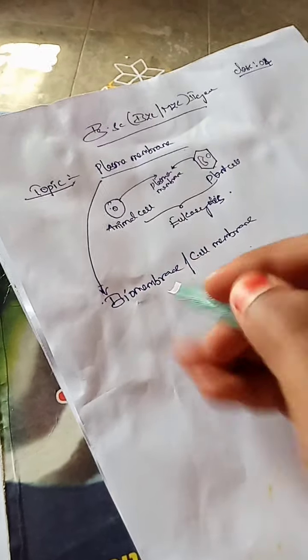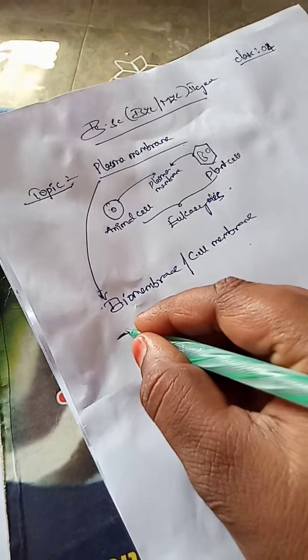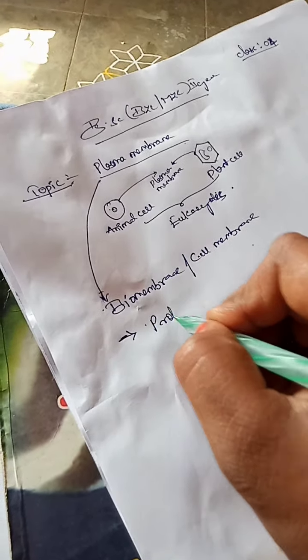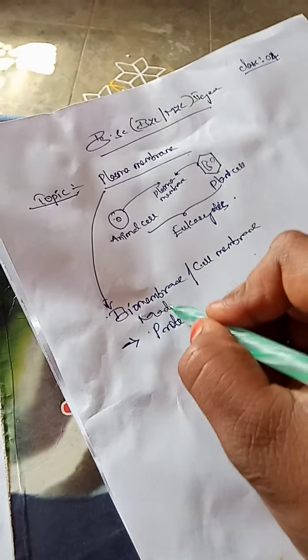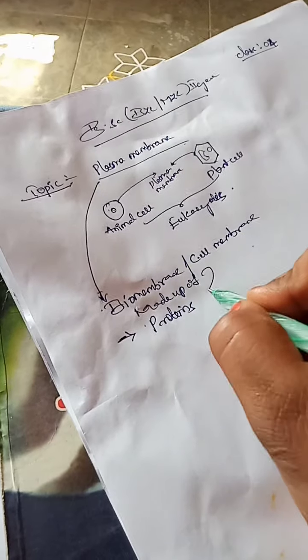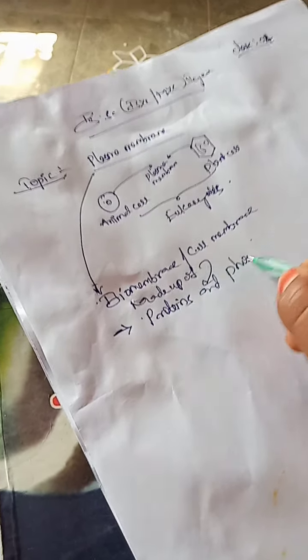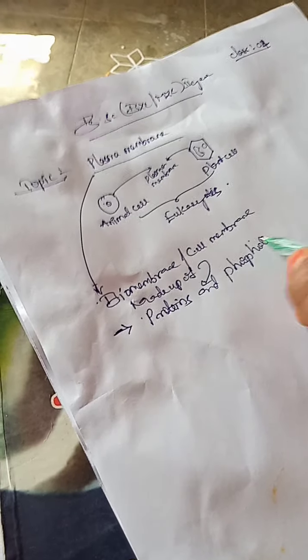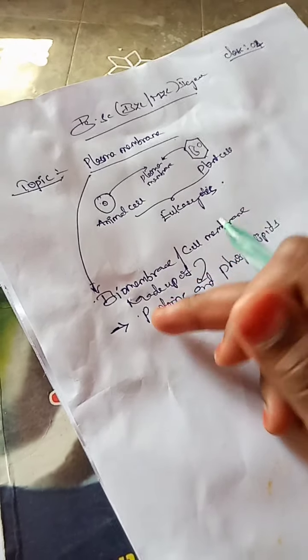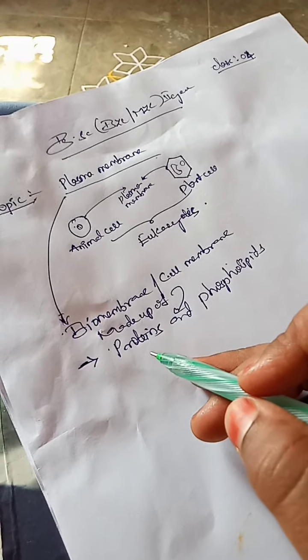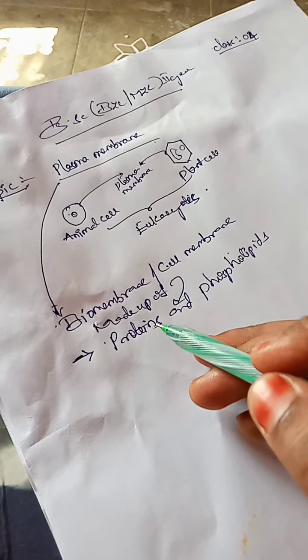The plasma membrane is made up of proteins and phospholipids. You know the proteins now. Proteins are the building blocks of the body, which are formed by the binding of amino acids.